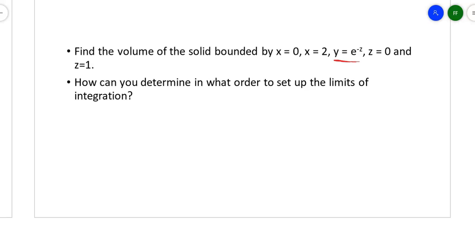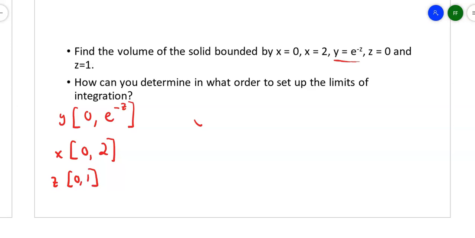You realize the other two are just constants. So I'll first integrate with the y values going from 0 up to e to the negative z. All right, that's my y values. The x values, we were told, go from 0 to 2. So why not put those next? The x's go from 0 to 2, and then the z values go from 0 to 1.